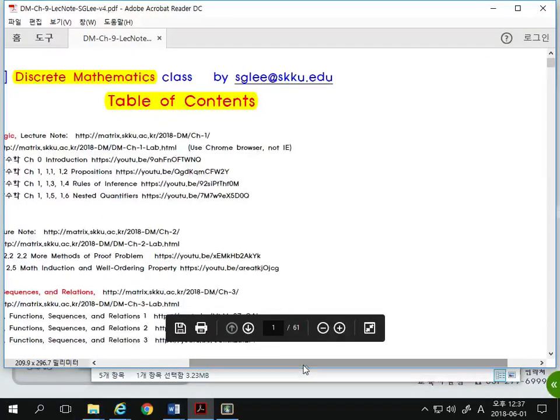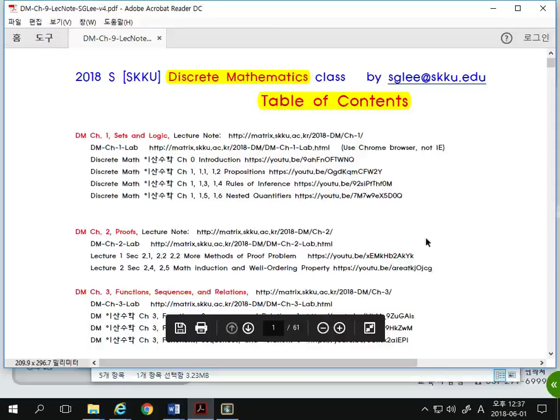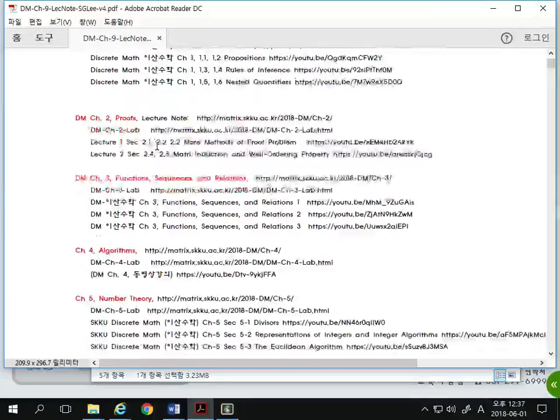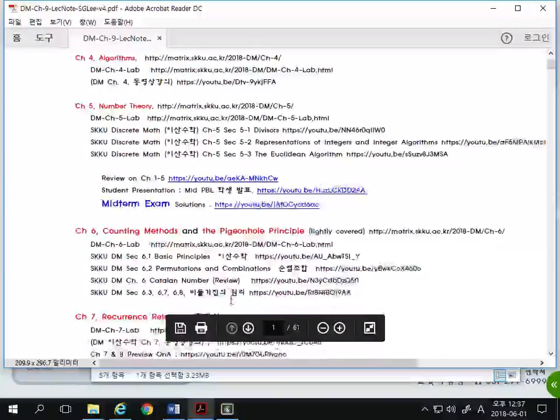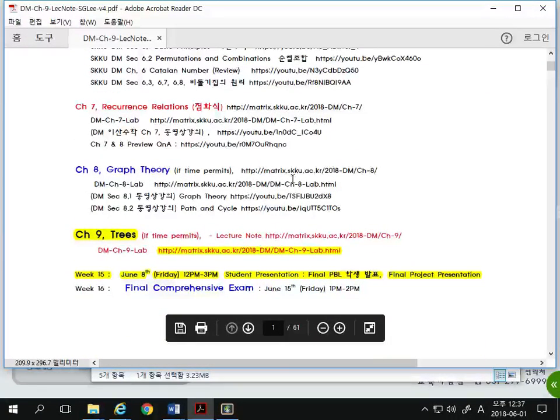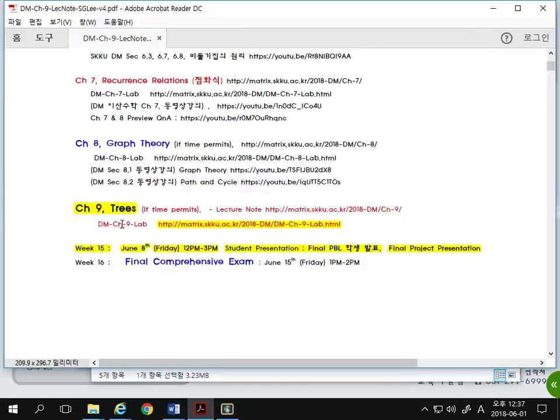Okay, this is chapter 9 of discrete mathematics. We have covered the first 8 chapters, including graph theory. And now we will start chapter 9.